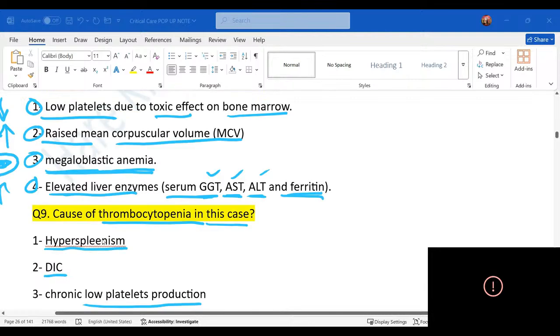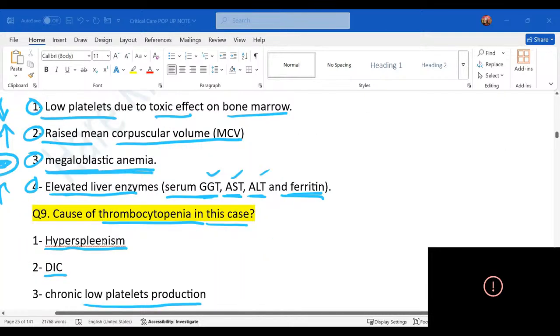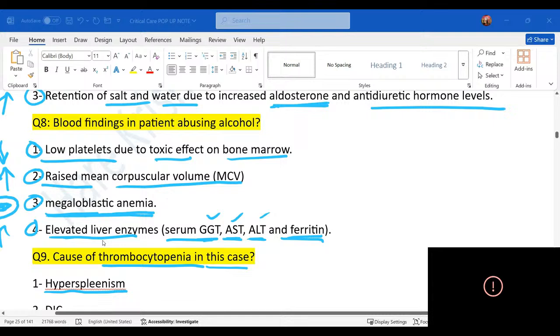Okay, so we are starting from here. Blood picture in an alcoholic patient: low platelets due to toxic bone marrow effect, raised mean corpuscular volume, megaloblastic anemia, elevated liver enzymes ALT, AST, GGT, and ferritin.